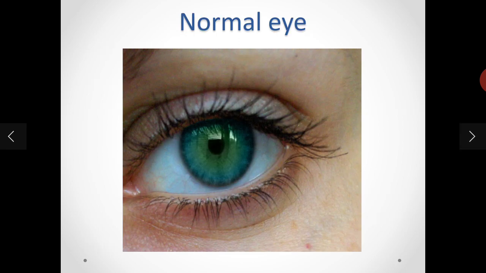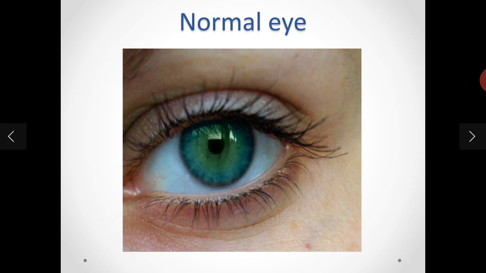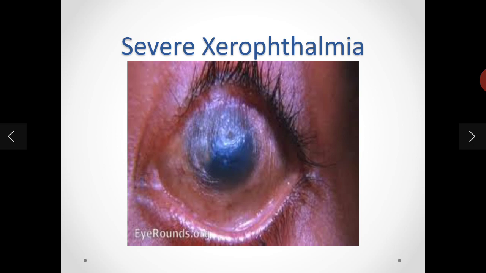So this is a normal eye where there is no keratinization. Here you can see xerophthalmia, here it is mild, here it is severe. You can see the keratinization over the cornea.